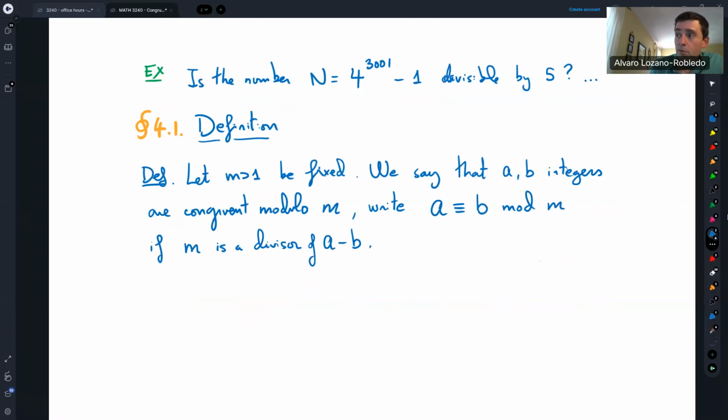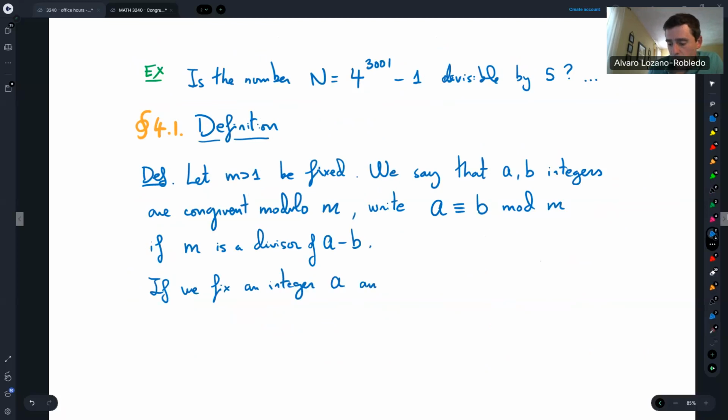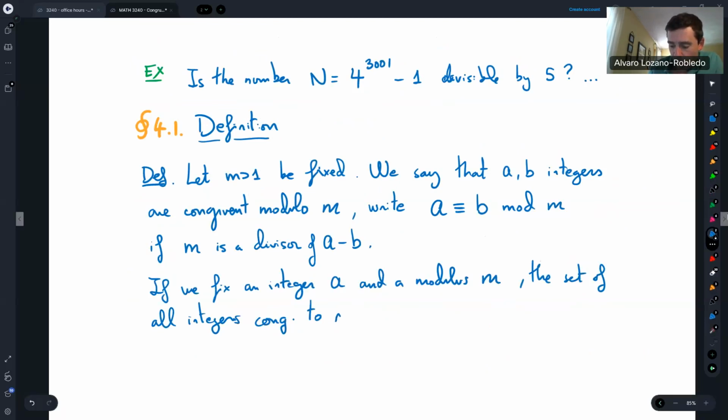Also, if we fix an integer a and the modulus m, the set of all integers congruent to a modulo m is called the congruence class of a mod m.